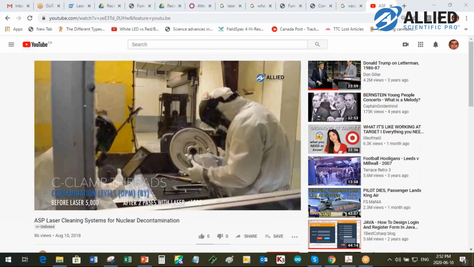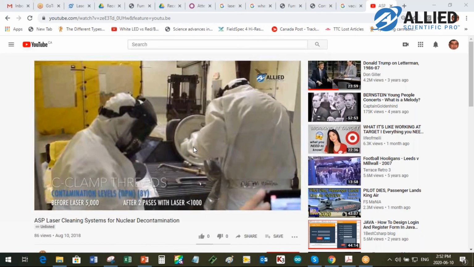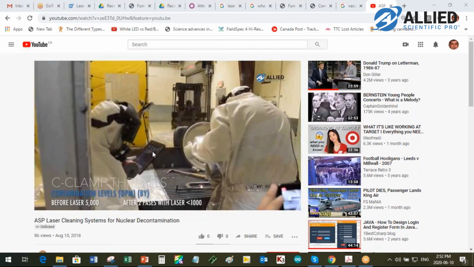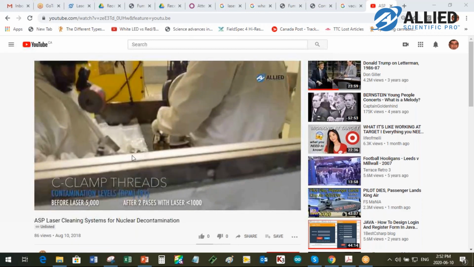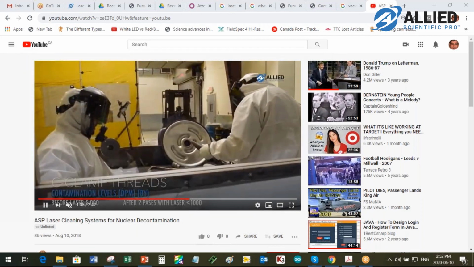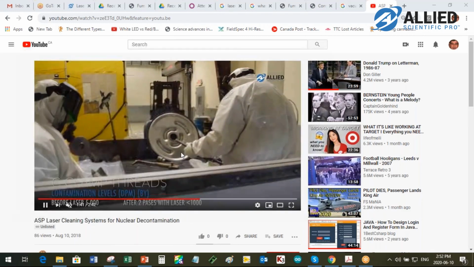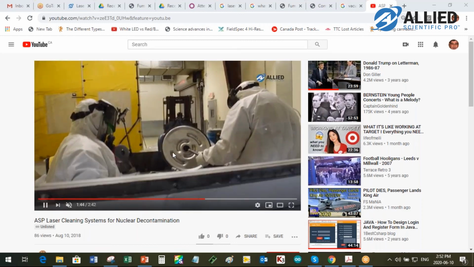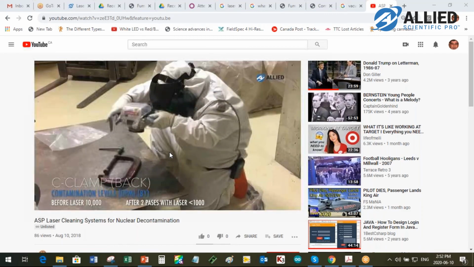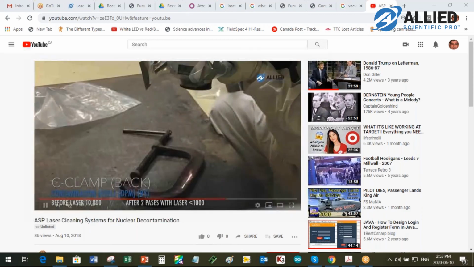So some tools are being cleaned here. After 2 passes, it became less than 1,000 ppm. Here's a seat clamp being cleaned.